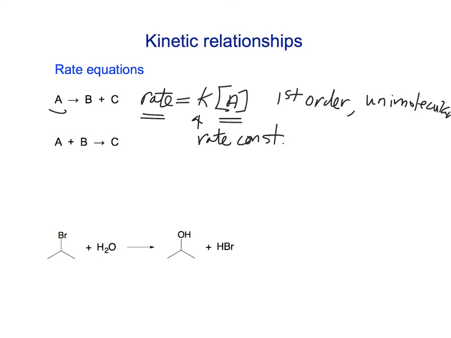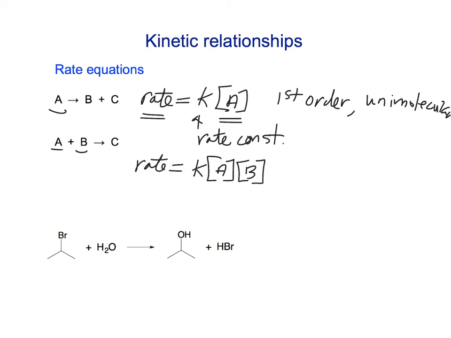If we have a reaction that has two reactants, A plus B, going to C, then our rate will be k, the rate constant, times the concentration of both of the reactants. So if we double the concentration of A, then the rate will double. If we double the concentration of B, the rate will likewise double.